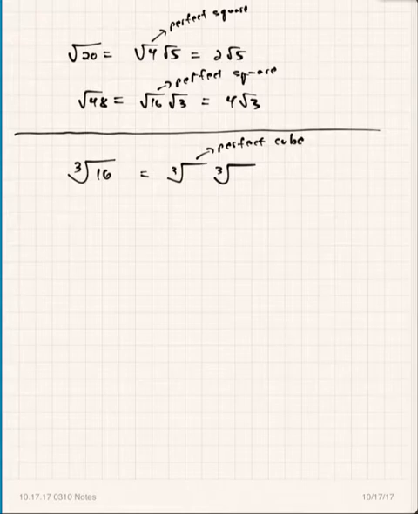Notice not a perfect square in this case, but a perfect cube. Is there a factor of 16 that's a perfect cube? 8. Yeah, 8. Good, Charlotte. So you have the cube root of 8 and the cube root of 2. That's how you break it up. And then the cube root of 8 is 2, and so you'd have 2 times the cube root of 2.